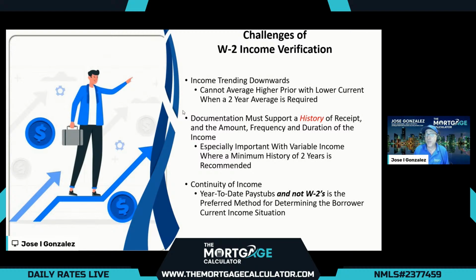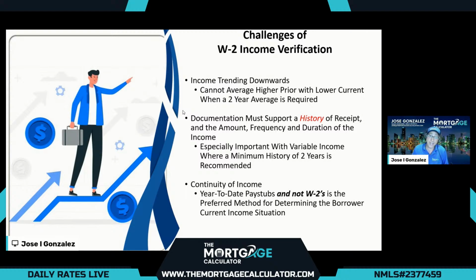So, what do I mean by that? Well, assuming 2022 the borrower had $100,000 in overtime. 2023 the borrower had $25,000 in overtime. Now you're going to see a year to date overtime figure, hopefully, on the pay stub as well, so that you can even use the overtime.